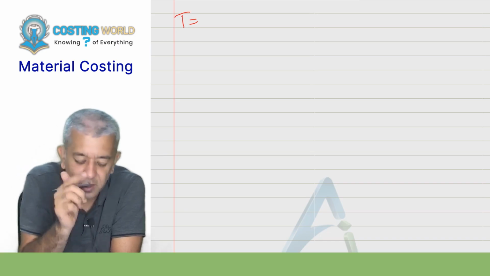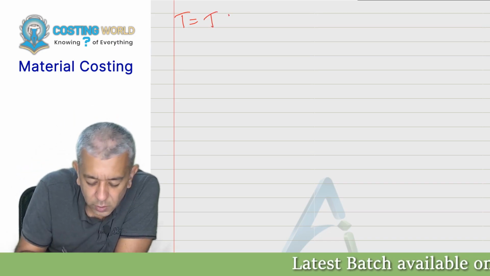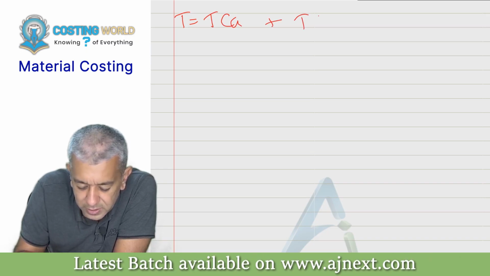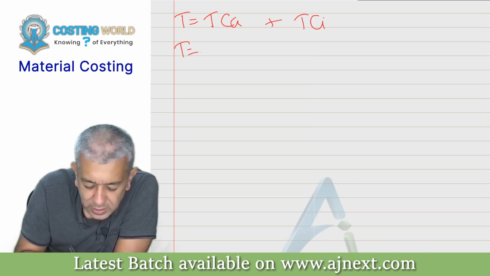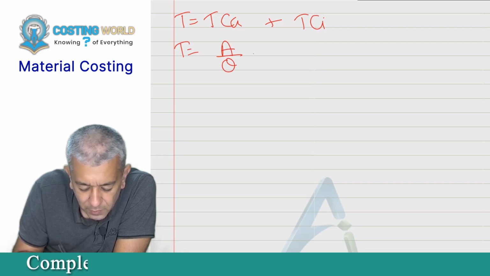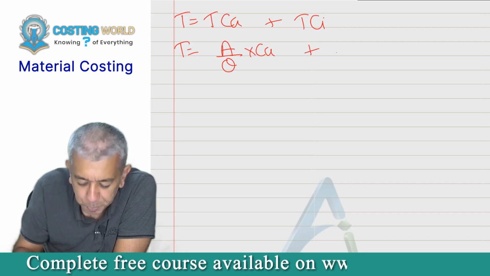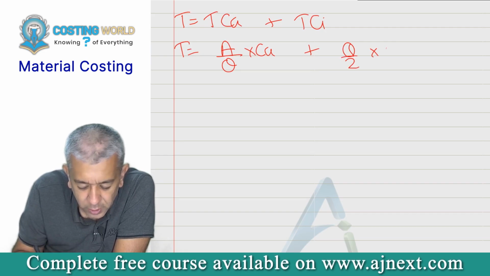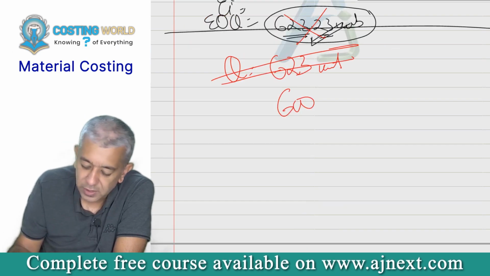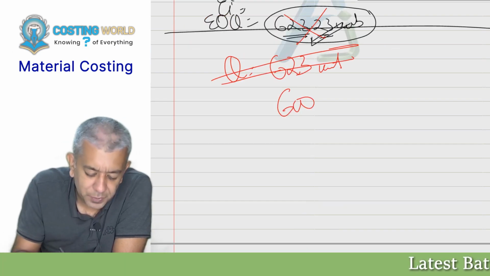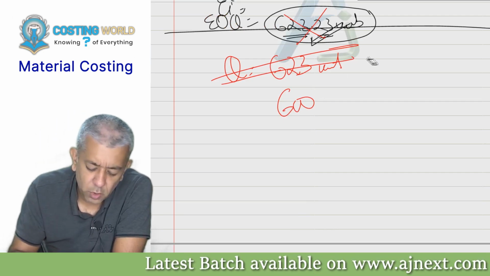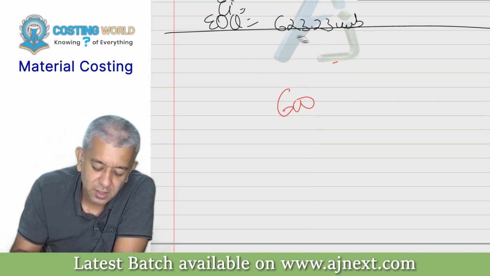Listen to me very carefully. T is equal to TCA plus TCI, that is, T is equal to A by Q into CA plus Q by 2 into CI. Now many of you may be thinking, sir, what a fantastic theory.